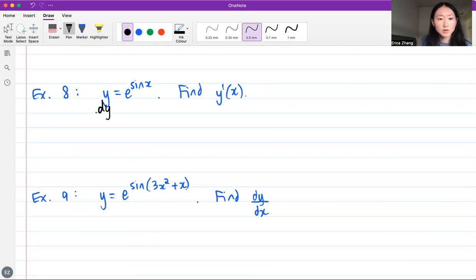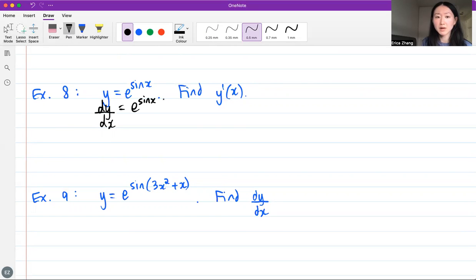Next example. All right, so you might have noticed that I stopped making the substitutions each time because after some practice, it's simply not necessary. Again, derivative of e to the power of something. First of all, you just copy that down, okay?